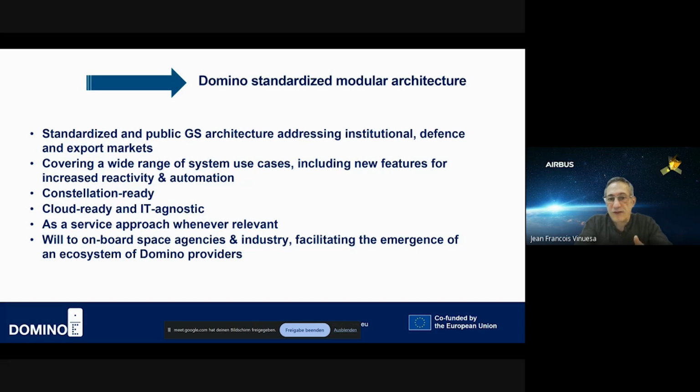What is nice also with this is that you can address easily from one satellite to several satellites to a constellation, because basically you're just going to add some functionalities, not destroying your system. And it also allows you to involve and take on board not only the usual suspects, but also newcomers that can bring some added value and that you can please your client with. So if you can move to the next slide.